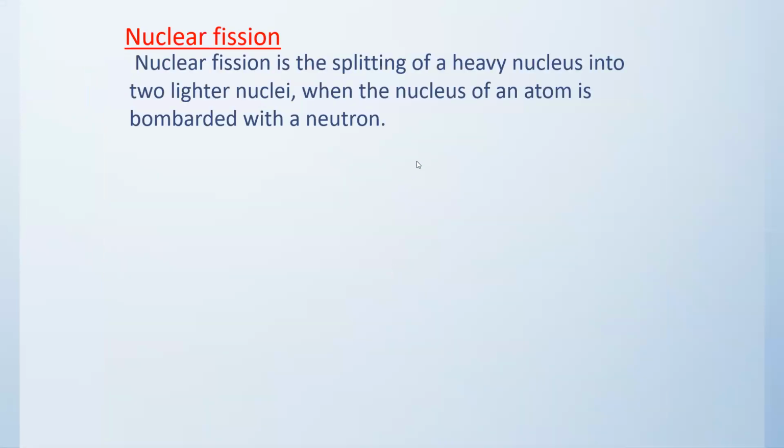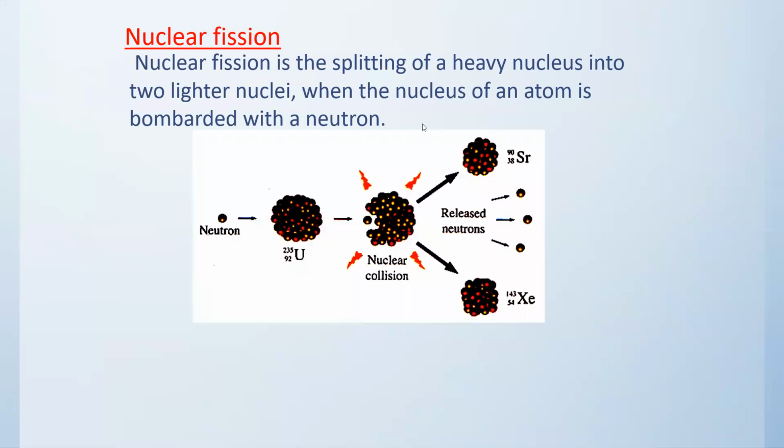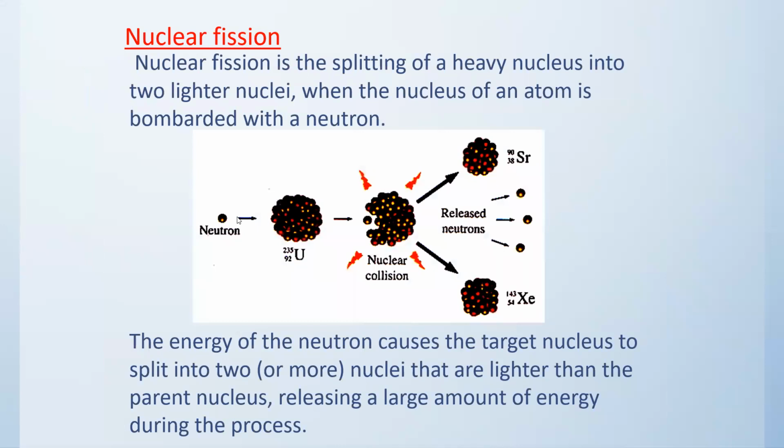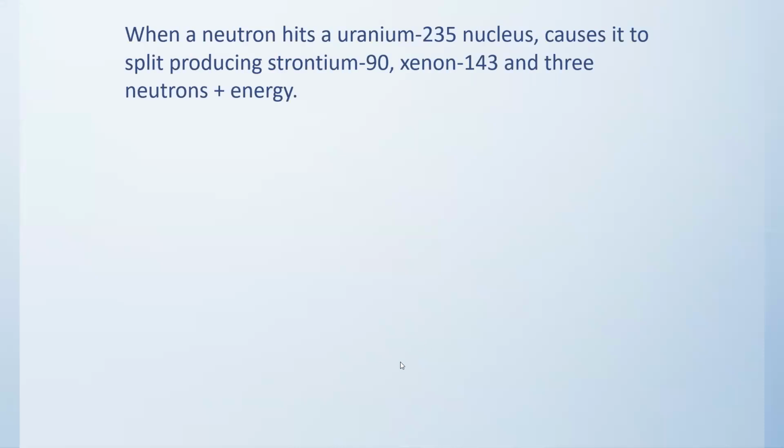Then nuclear fission means when a heavy nucleus breaks down into lighter ones with the help of a neutron. We target the heavy nucleus with neutrons, so it splits into lighter nuclei and gives out more neutrons as well.